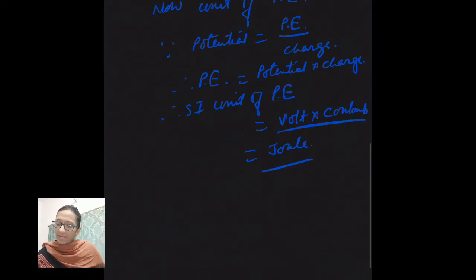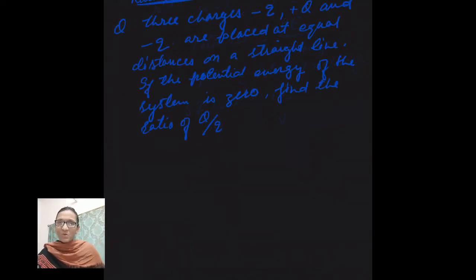You should also use sub-multiples and multiples of this SI unit, means microjoule, nanojoule or kilojoule or megajoule. These things you will be using.